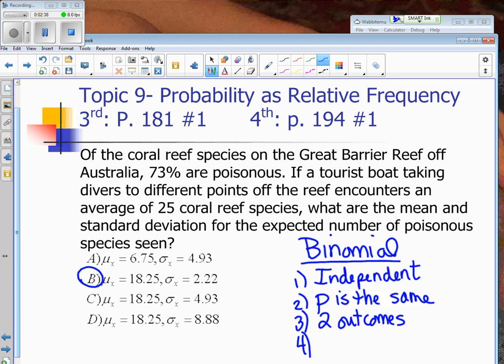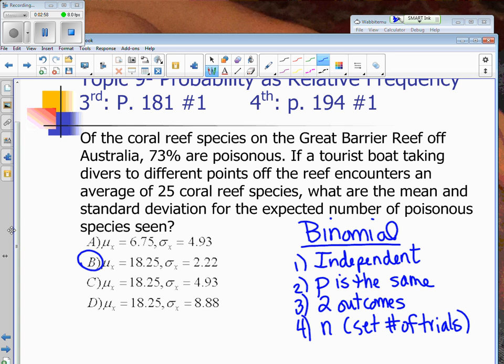The fourth one is that there are a set number of trials. We have an N. Do we have a set number of trials in this case? We have 25. So we can use our formulas here.